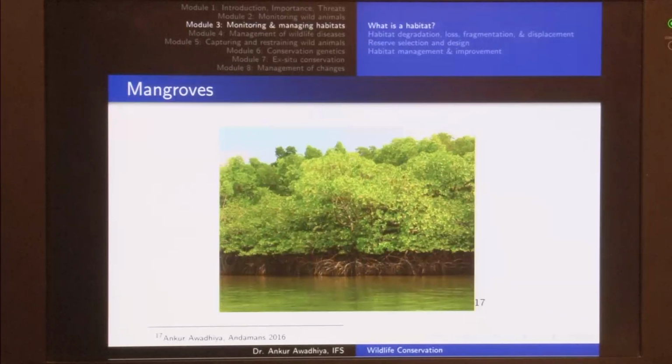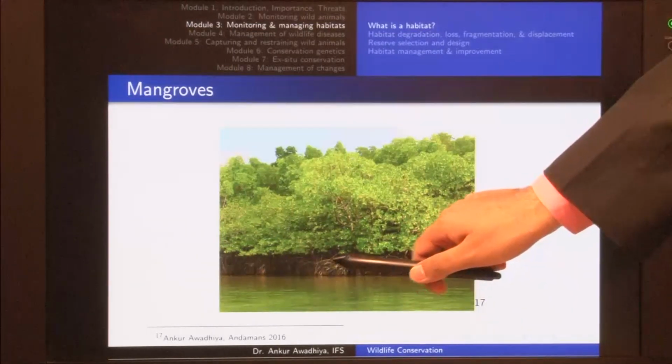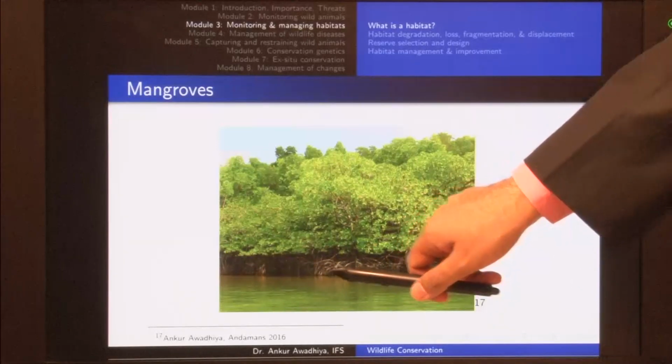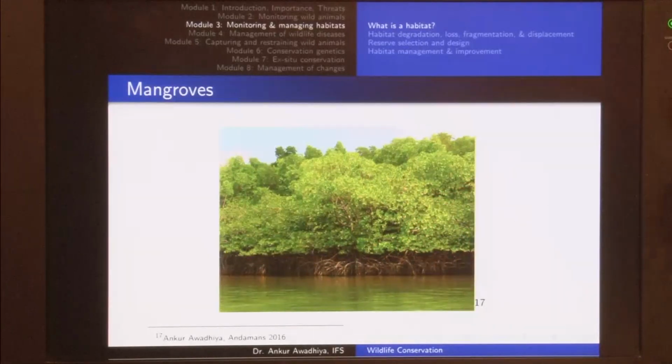Similarly, these areas become very specialized habitats for crocodiles. Why? Because crocodiles cannot chew. So essentially, if they have killed an animal, they would bring the meat into these mangroves, attach it to these roots, and then turn themselves in a round and round fashion, so that the meat gets torn apart.